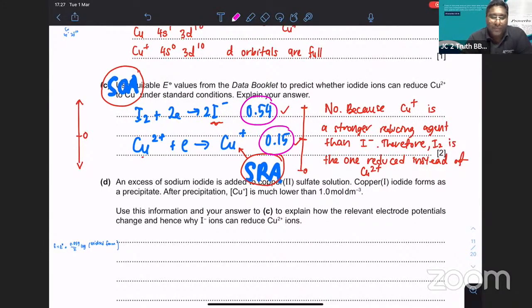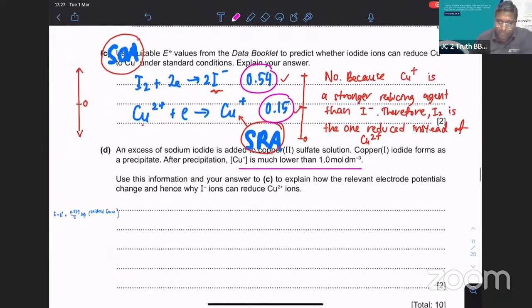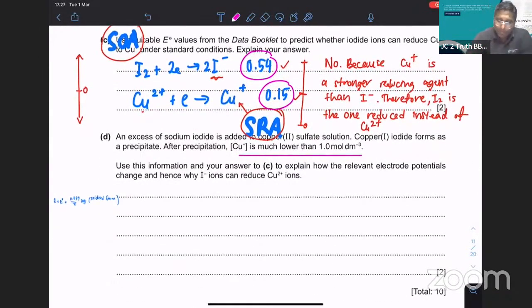Now the next question is: excess sodium iodide is added, and then copper(I) iodide forms as a precipitate. After the precipitate, [Cu+] is much lower than 1. Use this information and your answer in (c) to explain how relevant electrode potentials change and why I- ion can reduce Cu2+ ion. Here, all these are happening at 1 mole per dm3.